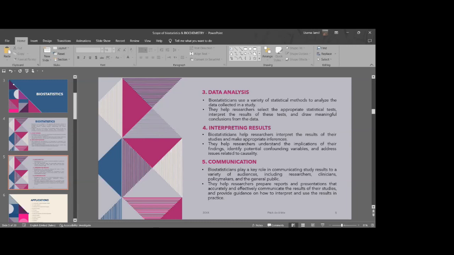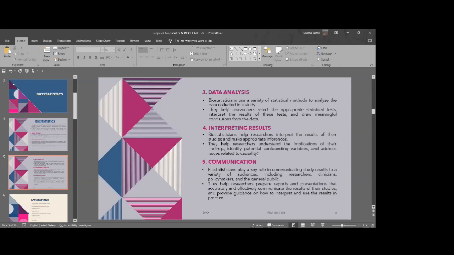If we go from the basics of biostats, from the study design to the next part, the very next step is data management. The very next step is data analysis. We designed a study, we collected the data, we managed it, and we are now going to analyze it.